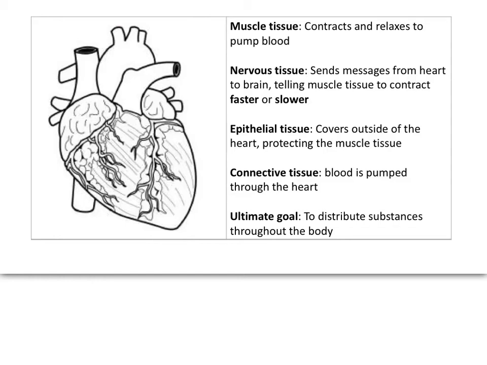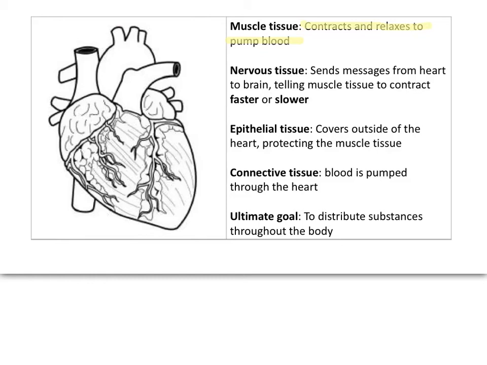So our muscle tissue, well, the whole point of the muscle tissue is to contract and relax to pump blood. Now, that's important, but how fast the muscle tissue is contracting and relaxing, well, that's only told to the heart through nervous tissue.